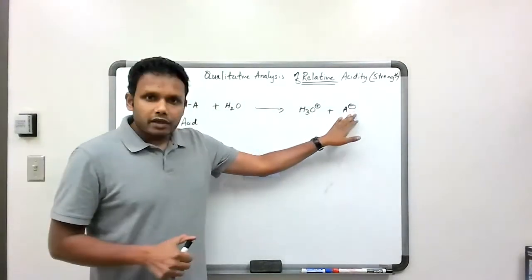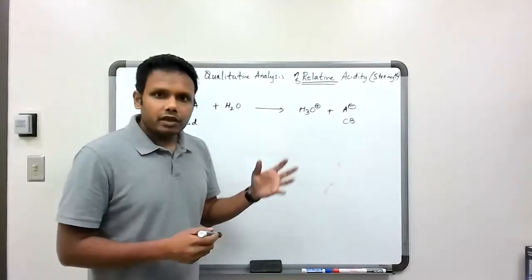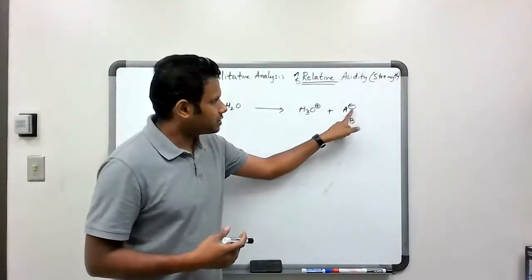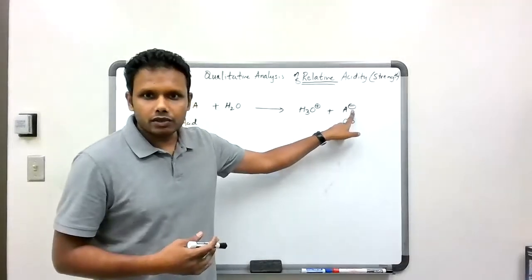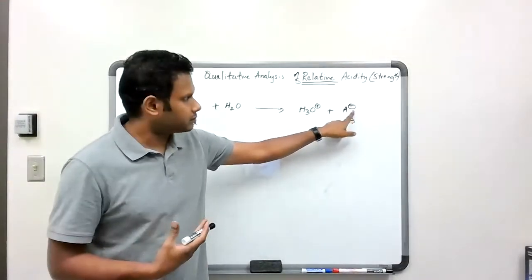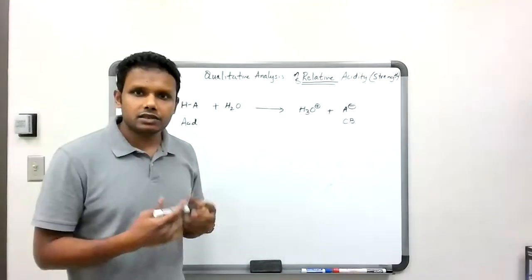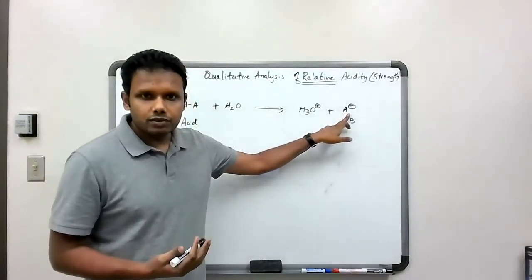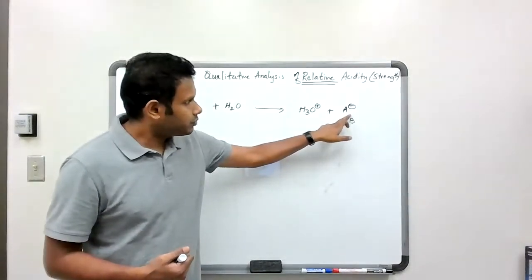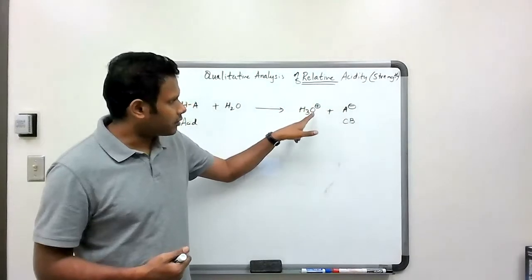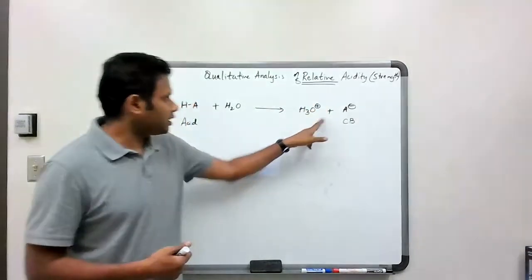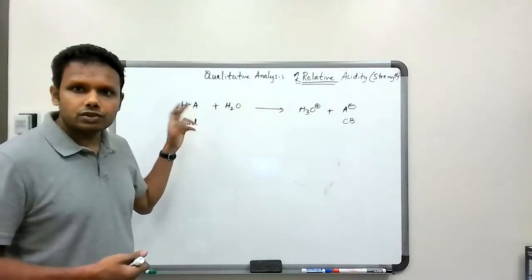If A minus is unstable, meaning it cannot stabilize the negative charge that has been generated, then A minus would like to grab the proton back from the hydronium ion and go back to HA.